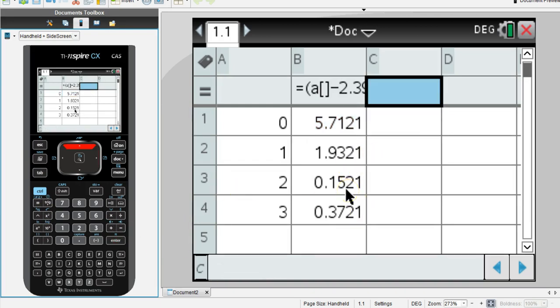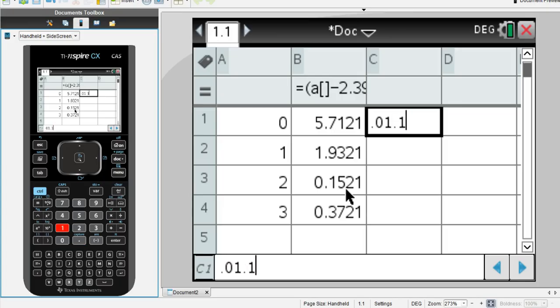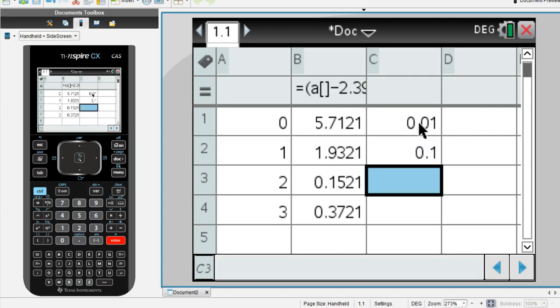And then our probabilities, we got to fill in, were 0.01, 0.1, 0.38, 0.51.